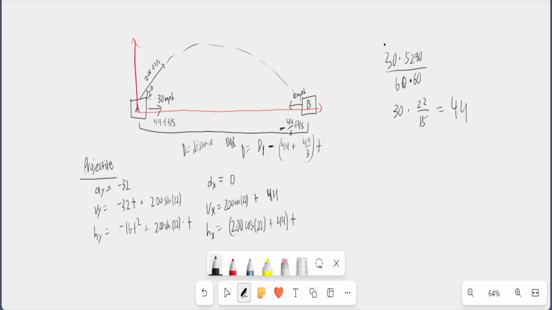I feel like there's something I'm missing here. Let's see. So you have that, and do you know what the specific question was? Was it just find the distance they need to be? Oh, okay, yeah. I'm overcomplicating this.